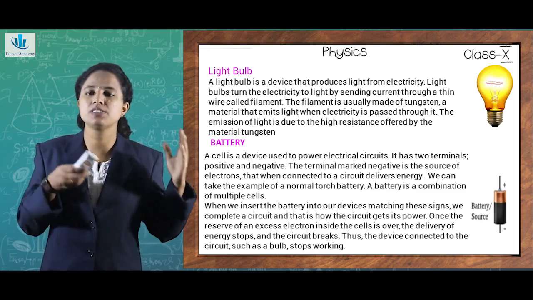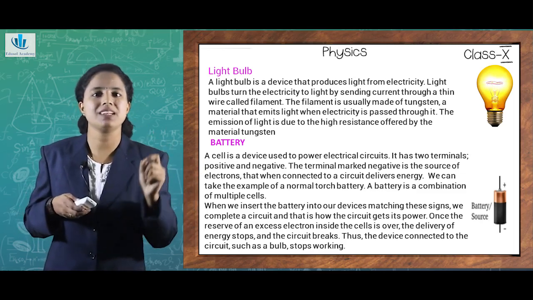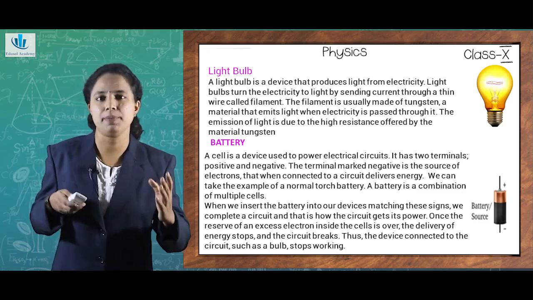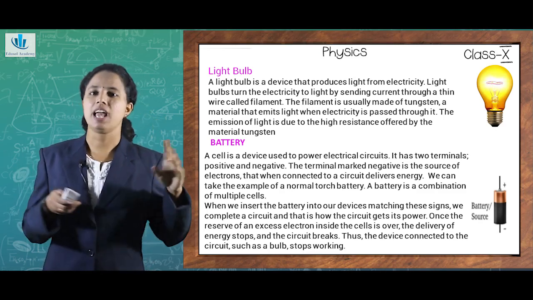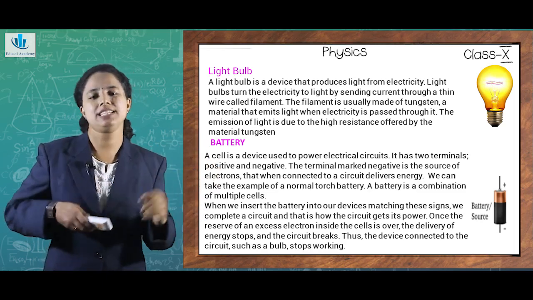The emission of light is due to the high resistance offered by tungsten, which helps the light bulb produce light from electricity.